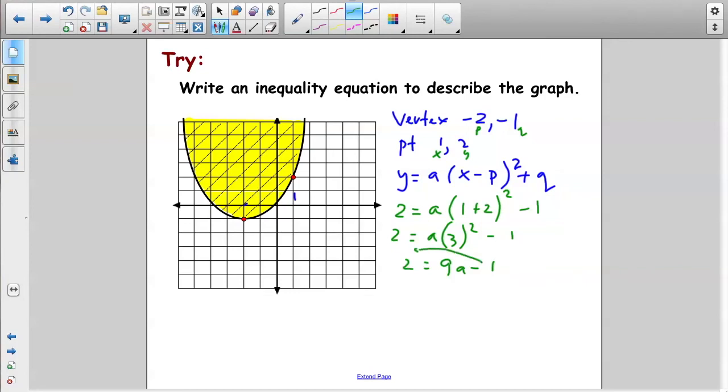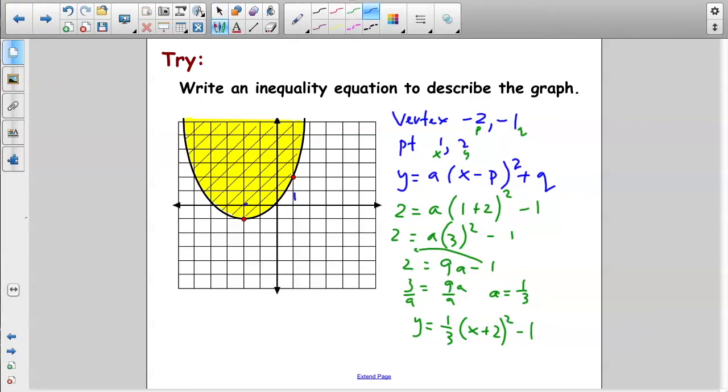Move that over, so it's 3 equals 9A. Divide by 9, divide by 9. So A equals 1/3. Okay, so now we have y equals 1/3 (x plus 2) squared minus 1.